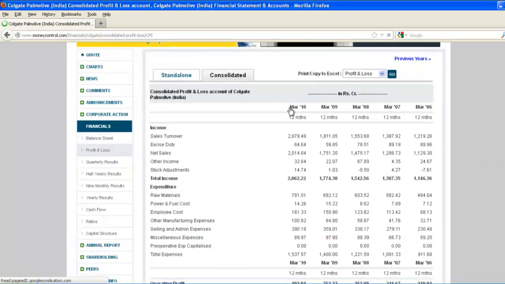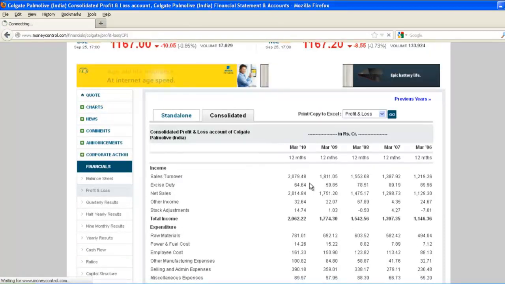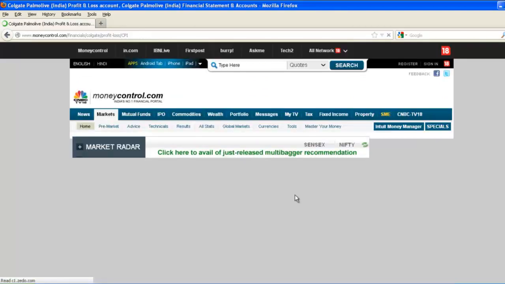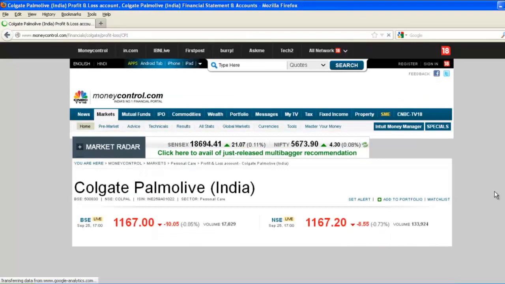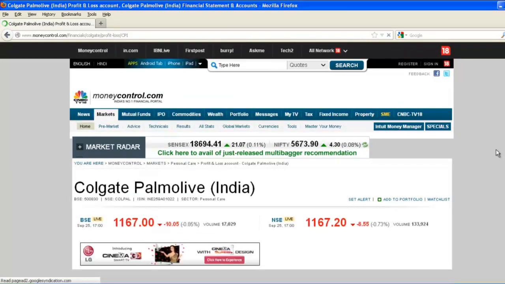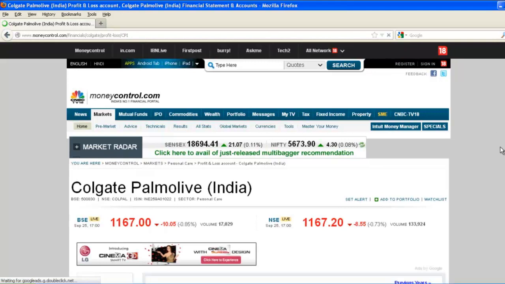No, we do not have data for consolidated, so go for standalone. On some websites you will find consolidated data, but here for calculation and representation purposes, I'm just taking whatever data is available here.